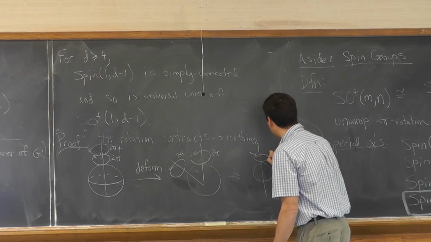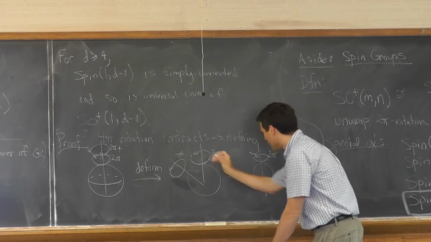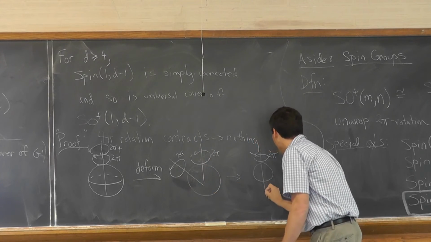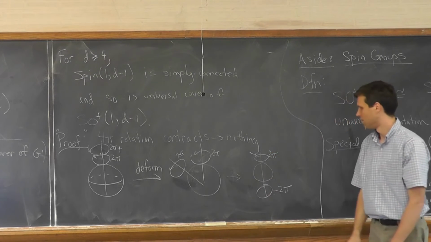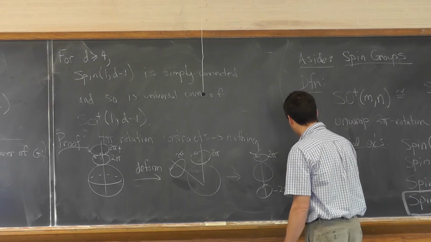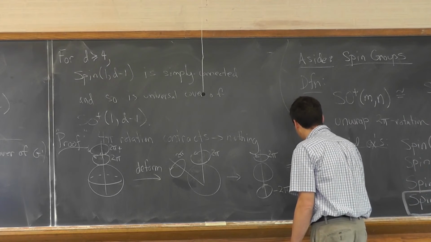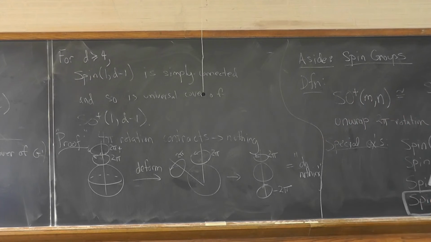Then it's just a rotation by minus 2 pi along the z-axis. This equals the do-nothing procedure, where you don't move the object at all, because you've just rotated and rotated back.